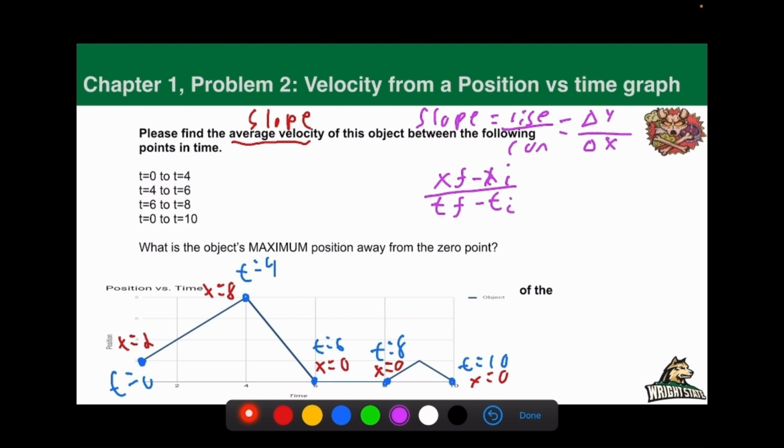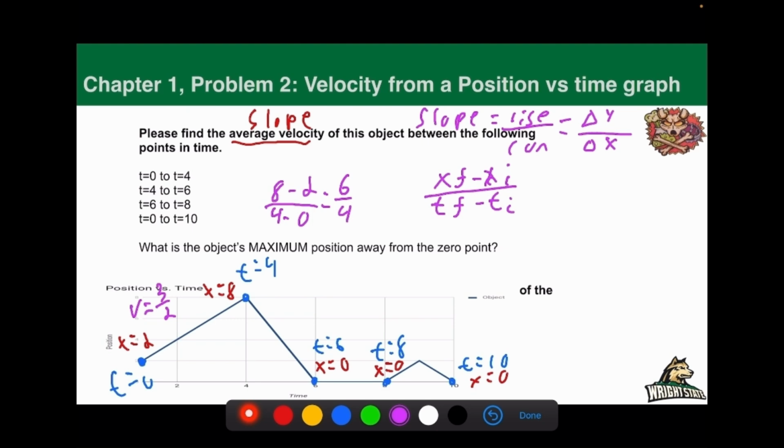Here, our final x is 8, and our final t is 4, so that's 8 over 4, minus 2 over 0, that is 6 over 4. So over here, our slope is positive 3/2. Between t equals 4 and t equals 6, it's final minus initial.